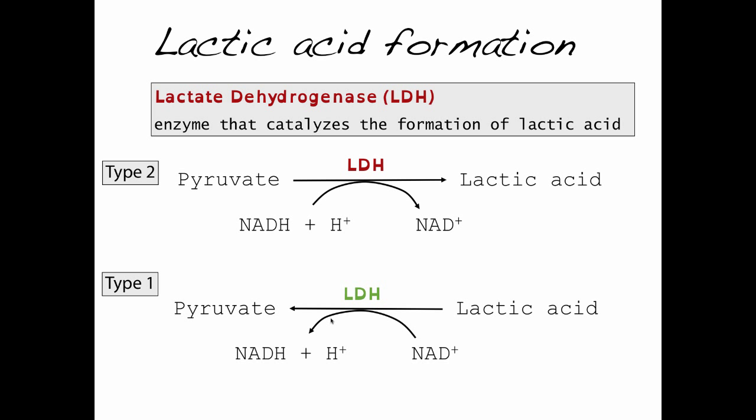There needs to be a significant amount of pyruvate and NADH to form lactic acid. And actually, the lovely thing about type 1 muscle fibers and a few other organs that contain this isoform is that lactic acid can be converted back to pyruvate and NADH. We'll explore that a little bit further in the next video.